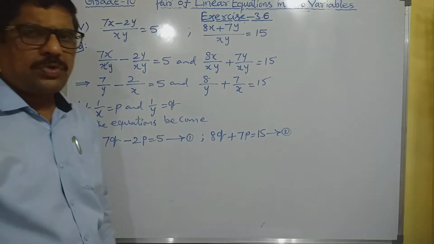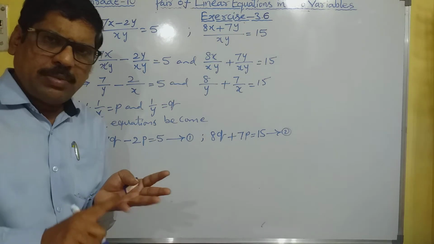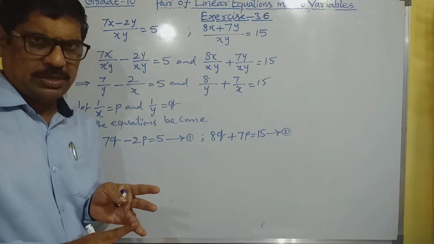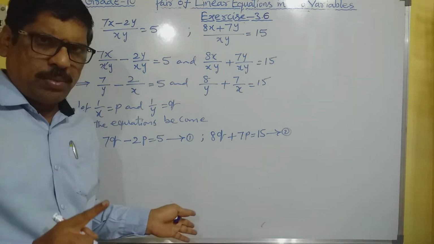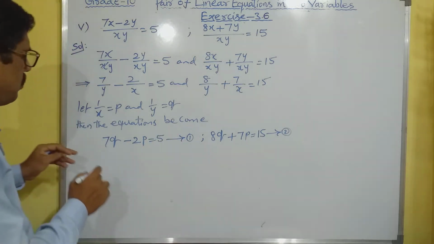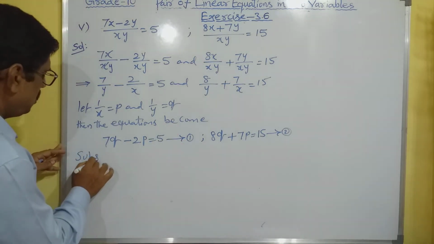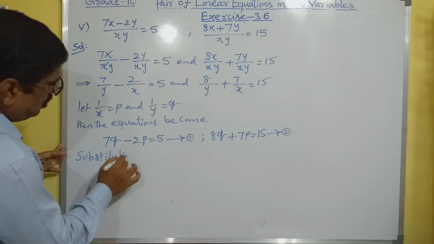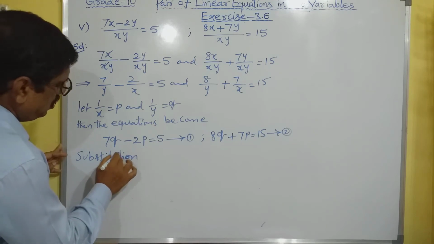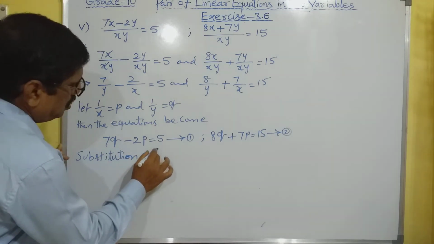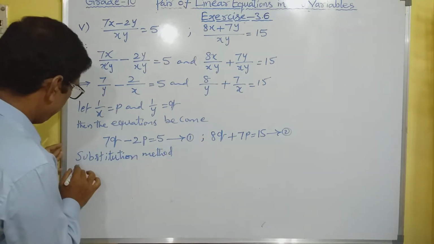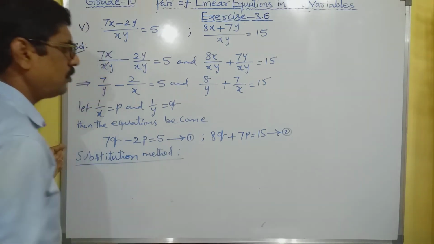Okay, so we have used the elimination method, cross multiplication method also. Let us do this problem by using the substitution method. My intention is you must learn all the methods.